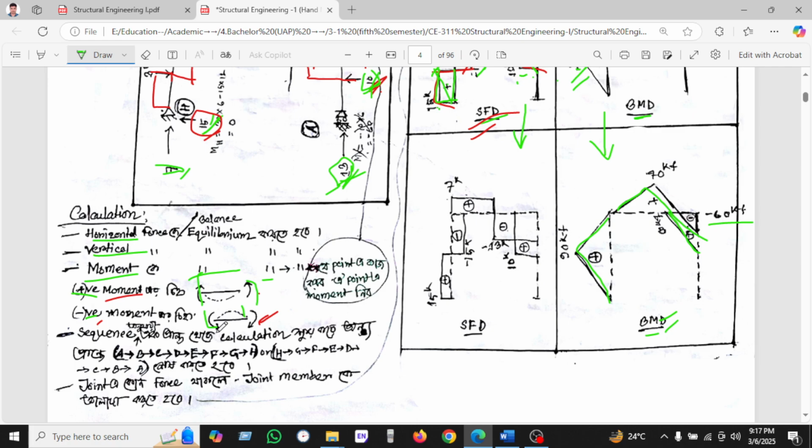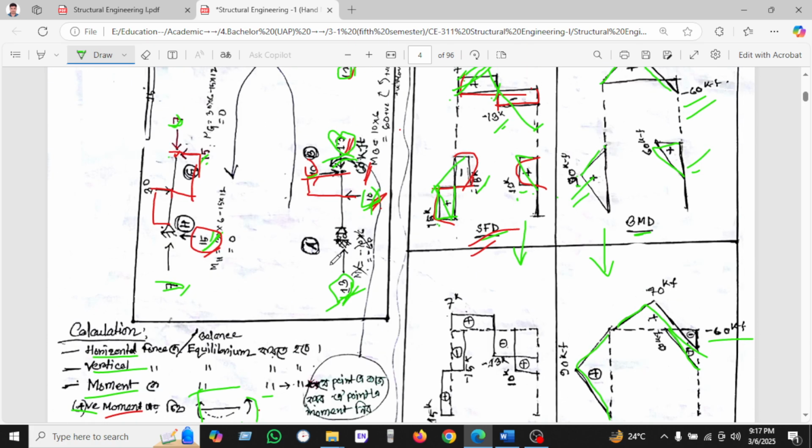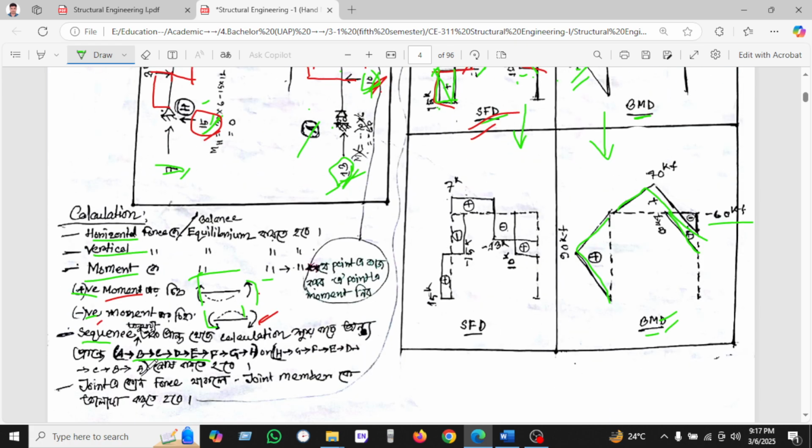So as we have seen, the calculation must be done sequentially, like A B C D E F G, this way, or A B. This is B, this is C D E F G H. This is the sequential calculation we have done.